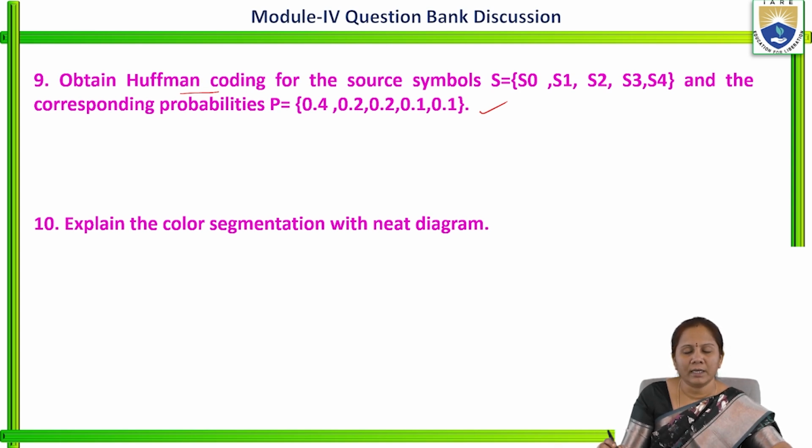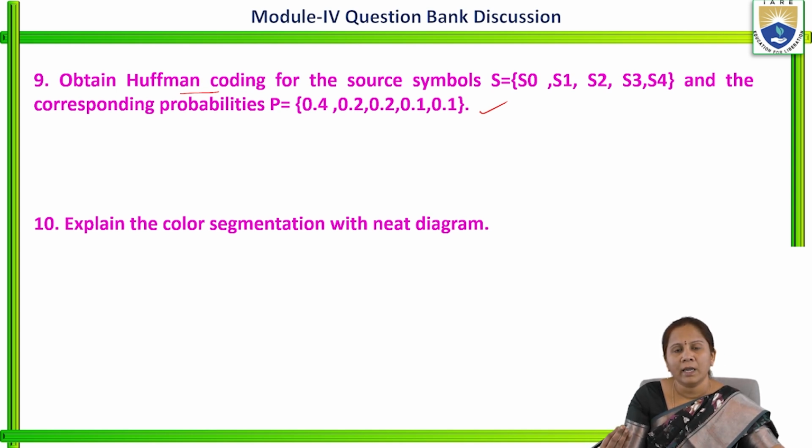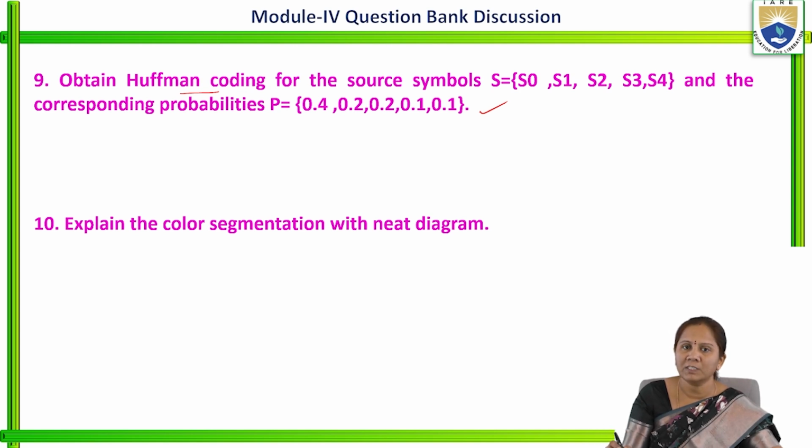To calculate the entropy, the formula is the sum over i equals 1 to n of p_i log base 2 of 1 by p_i. And they may ask us to find the efficiency. The formula for efficiency is H(x) by L average, that is entropy by average length. So these parameters may be asked if it is related to Huffman code.